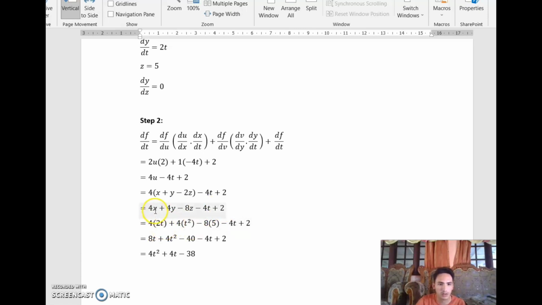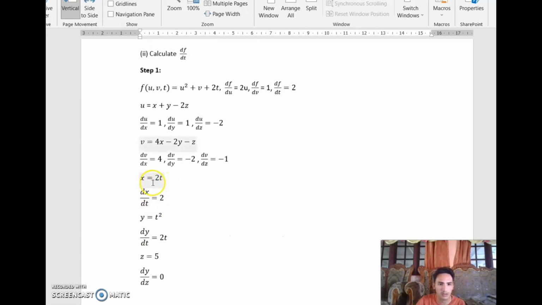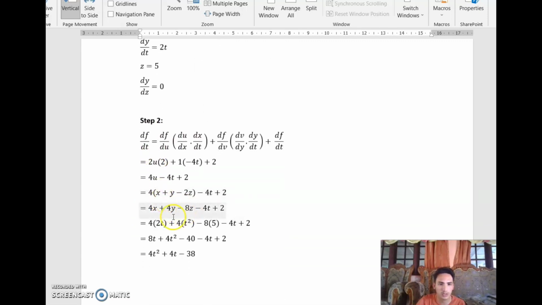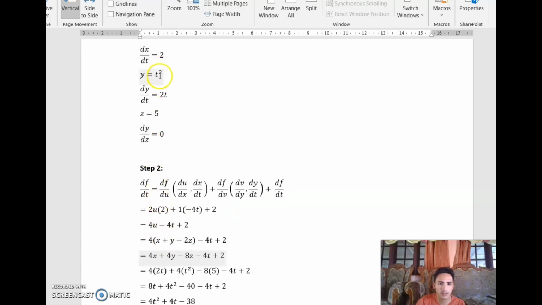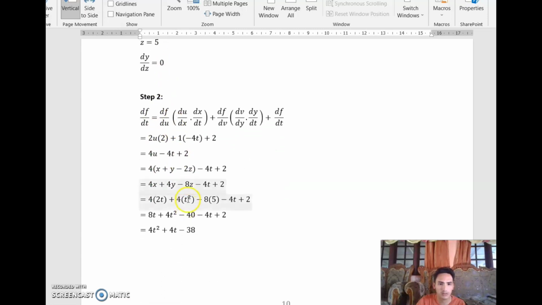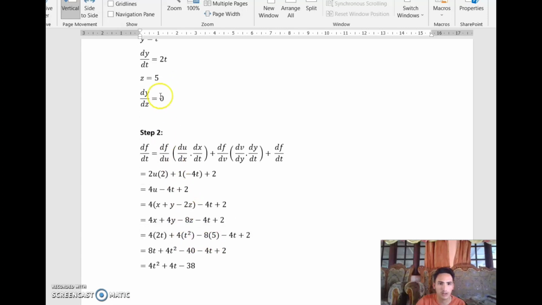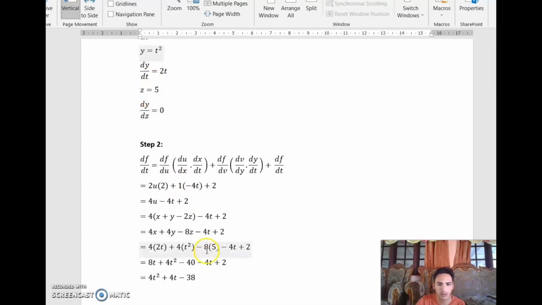So we know that x is equal to 2t. We put 2t here. Y is equal to t squared, and we know that z is equal to 5. We put 5 here.